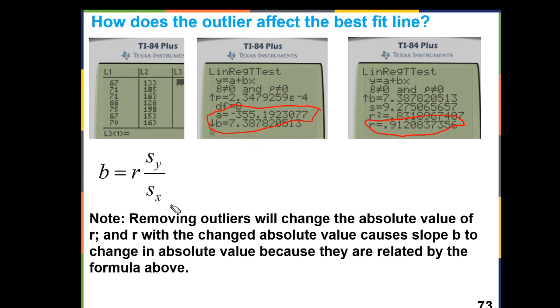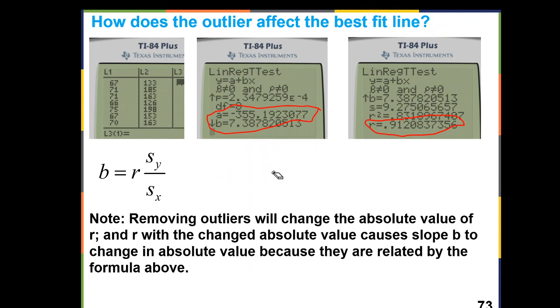So when we remove that point, R changed. Removing outliers will change the absolute value of R. And when it changes the absolute value of R, it changes the absolute value of B. So the line actually changes its slope, right, depending on how much this changes.